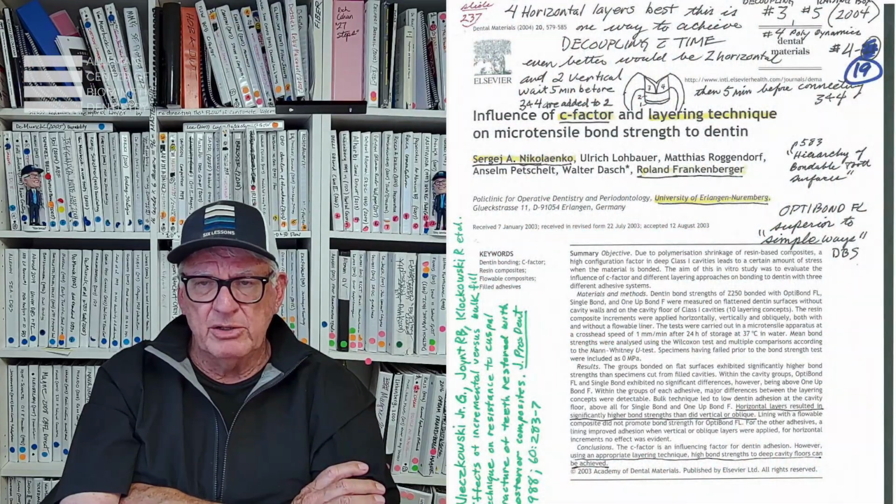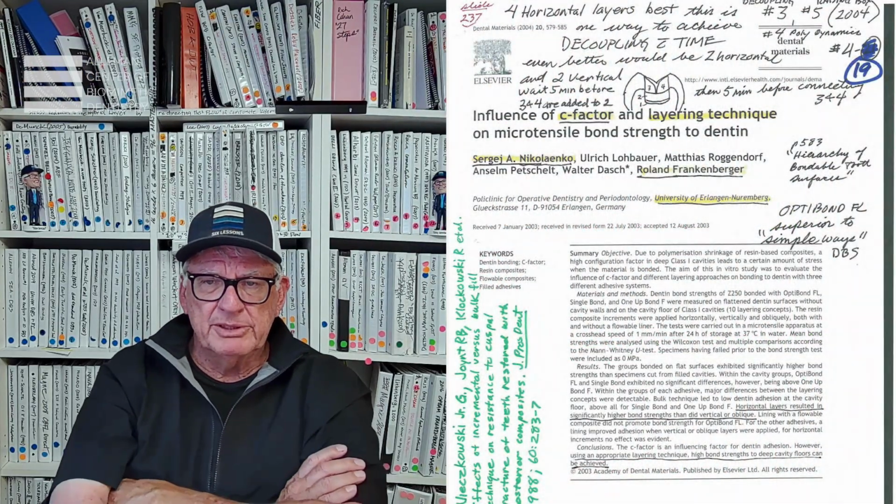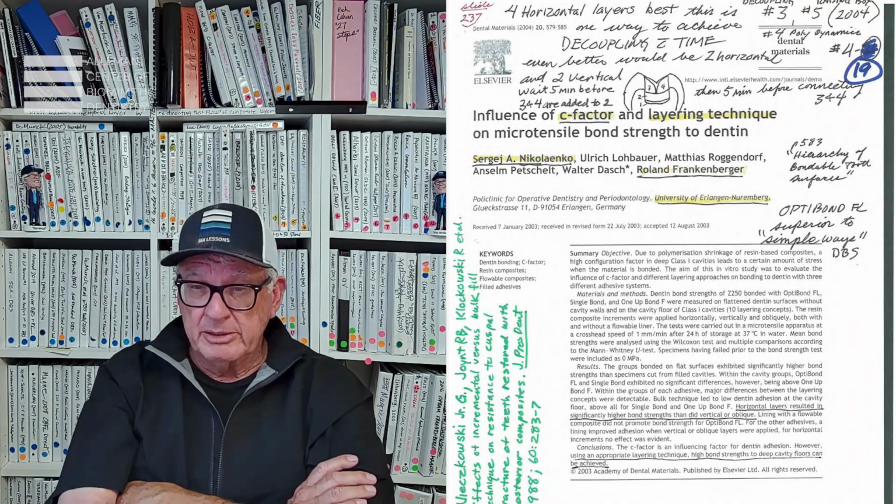So a couple of papers that you could look up bring these concepts into scientific validation. And the one that we like to start with is by Nikolaenko, published in Dental Materials.